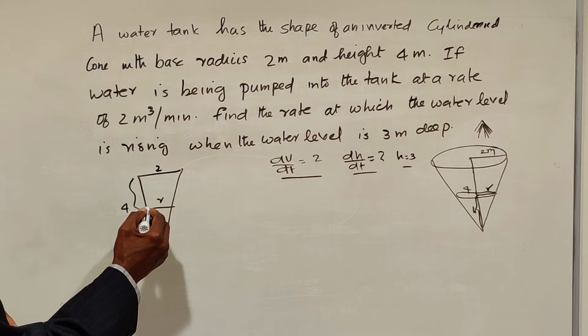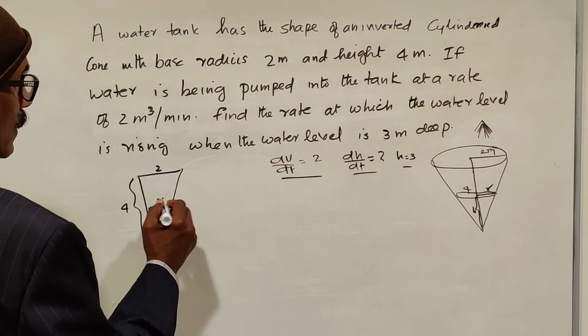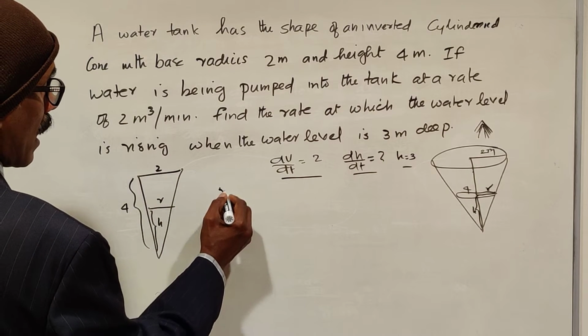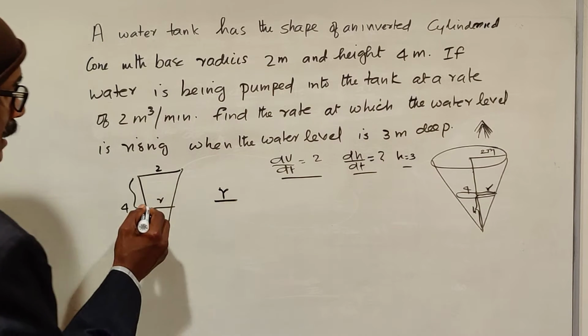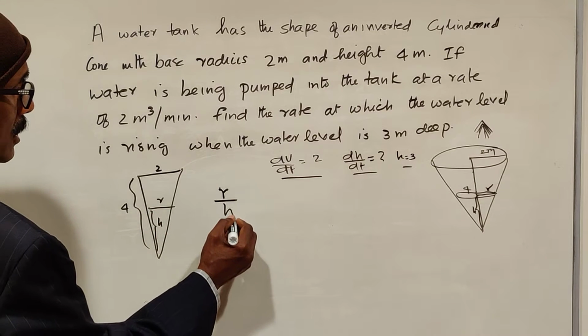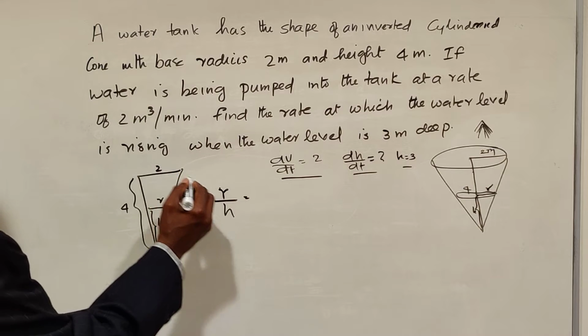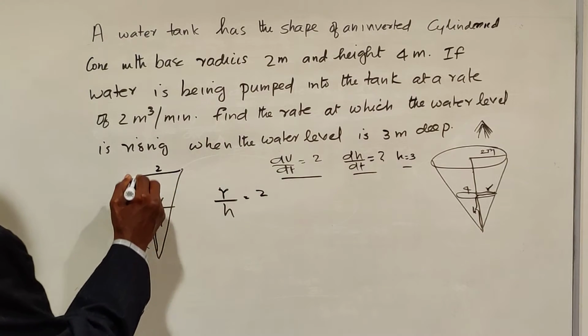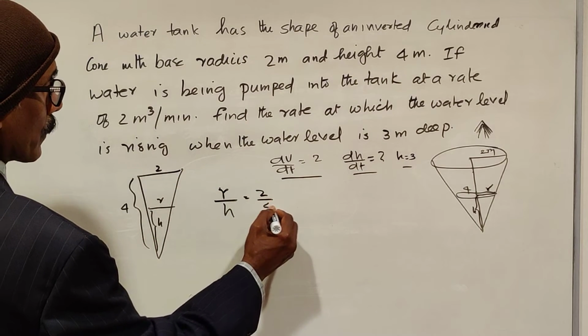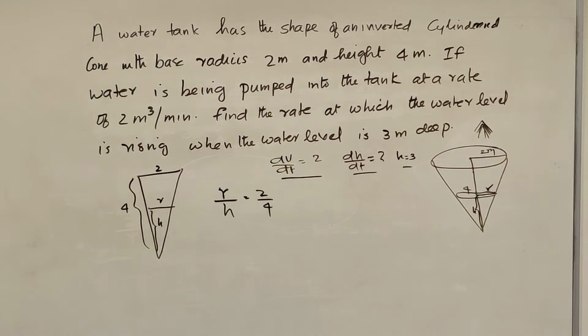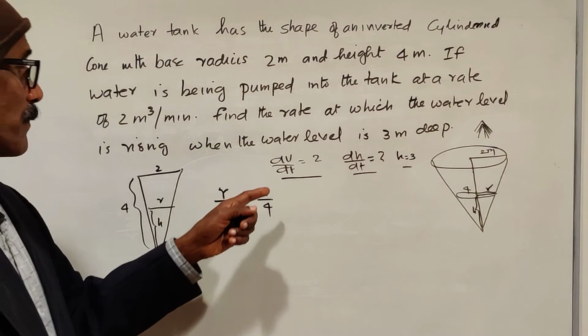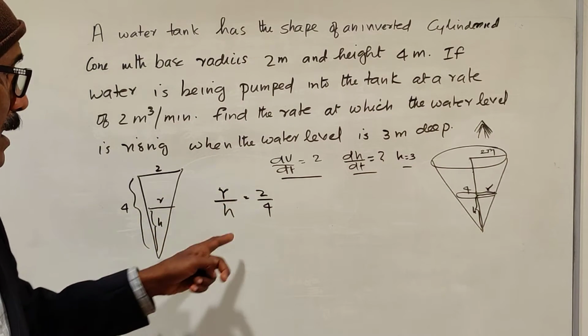So base of the smaller one is R divided by height of the smaller one is H. Then what is the base of the bigger one? That is 2. What is the height of the bigger one? 4. So we need to find out a relation between R and H.